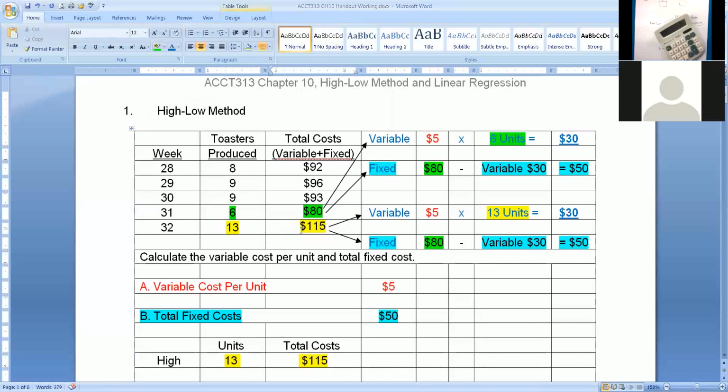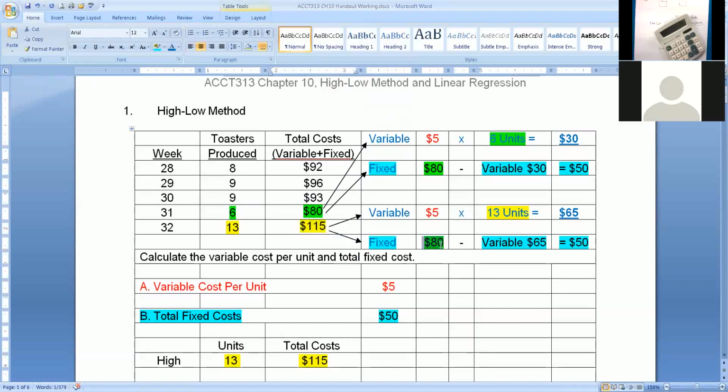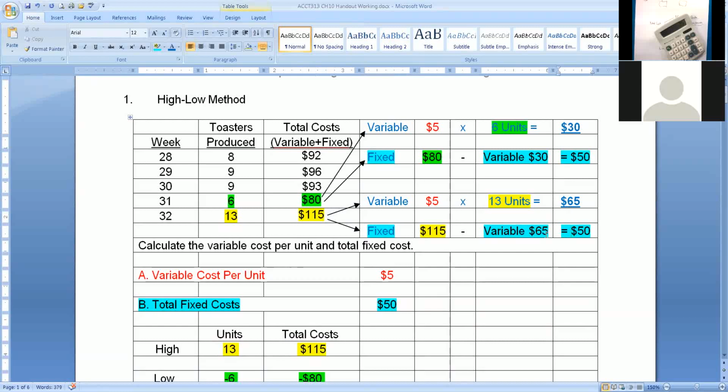So this would be 13 units. So 5 times 13 is 65, I think. The total cost is 115 minus the variable. That gives you another 50.